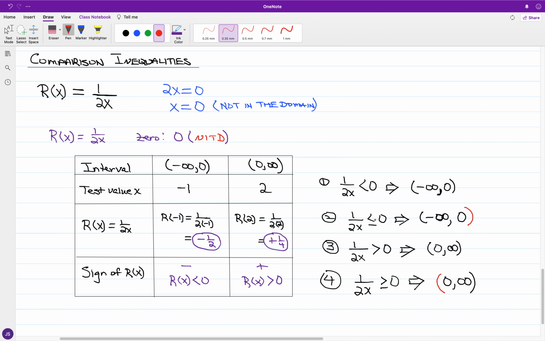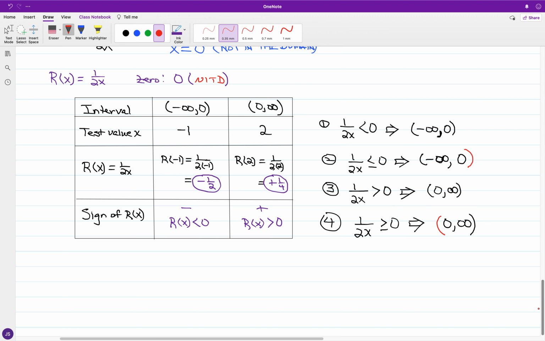The less than or equal to solution is the same as what was for less than, and the greater than or equal to is identical to what was for greater than 0, the reason being that there was no 0 from this rational expression in the domain for this particular item.